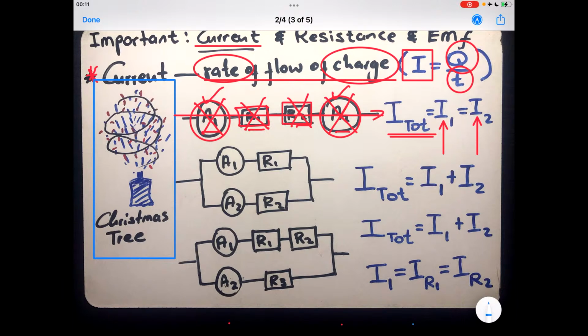So this is again the current flowing from the left towards the right. Can you see something happens there? It now splits. Some current will flow through this side, and the other current will flow through that side, and when it gets to that point, it joins and then it continues.